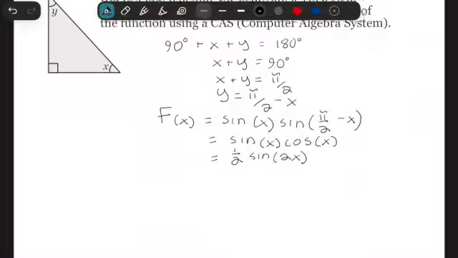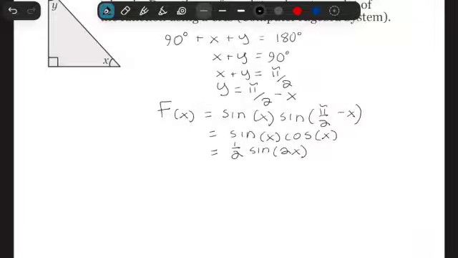So now we can derive f. So f prime of x equals 1/2, and then the 2 comes out, so 2 cosine 2x.